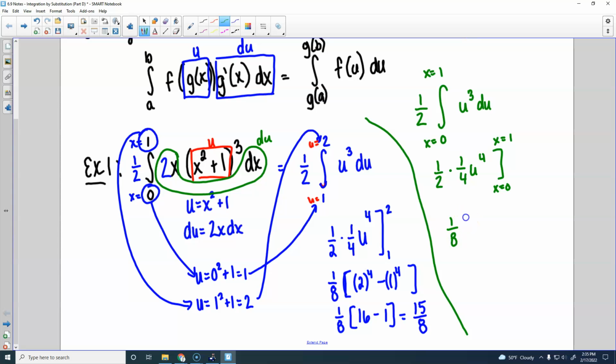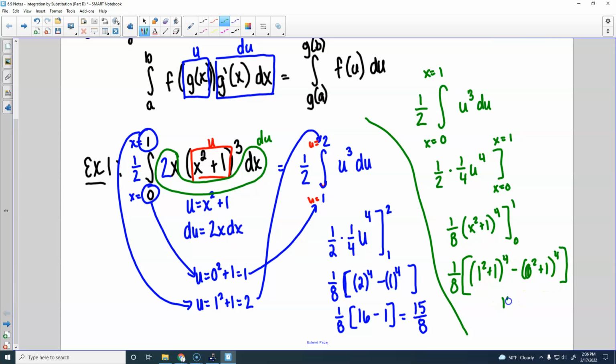You'd get 1/8, and then your u is x squared plus 1, to the 4th. Now, since I'm using x's, I don't have to put x equals 0 and x equals 1, but that's what it means there. And so then you'd have to do 1/8 times 1 squared plus 1 to the 4th power minus 0 squared plus 1 to the 4th power, like this.